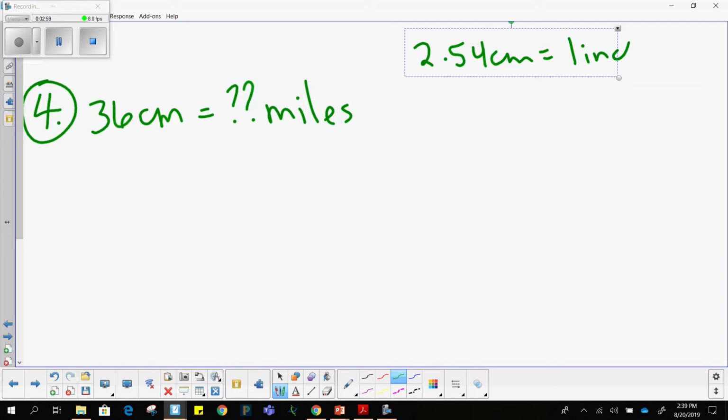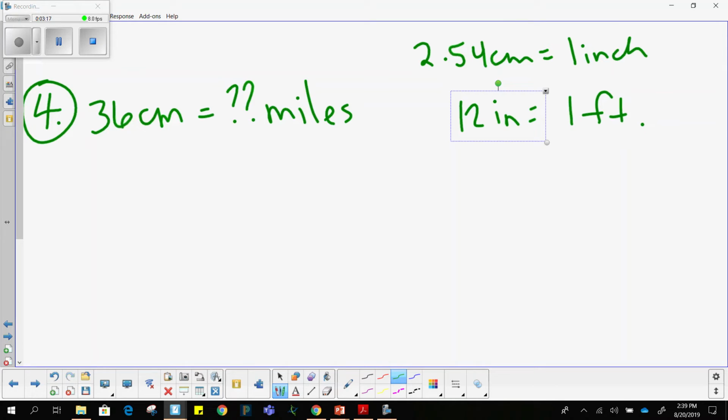And again, this is on the worksheet, the statements. You also know that for every 12 inches, you have 1 foot. And then you also know that 5,280 feet are equal to 1 mile.